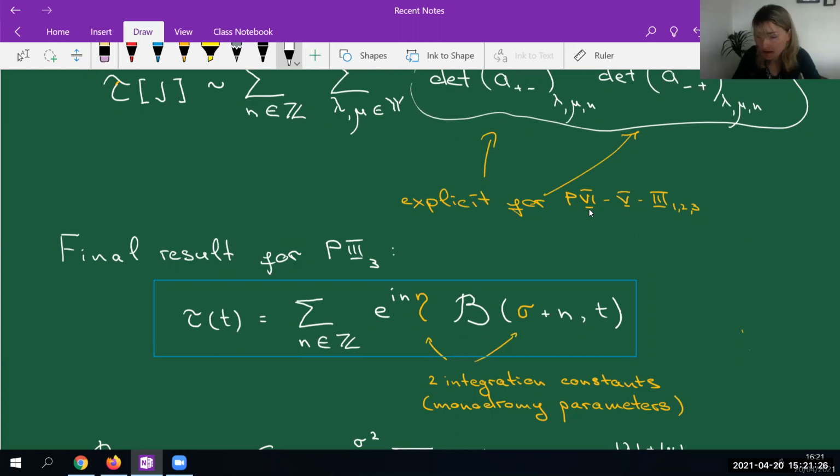Painlevé 3 D8. Yes, so this is Painlevé 3 D8. I don't want thetas to appear in the formulas, so I take just parameterless Painlevé 3. So the solution of this equation should depend on two integration constants, on two monodromy parameters, and they appear in this way. So these are the letters that I call sigma and eta here.